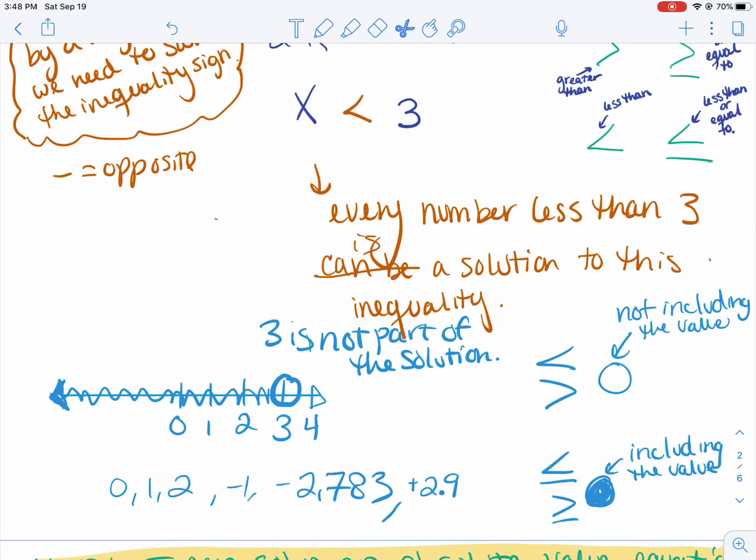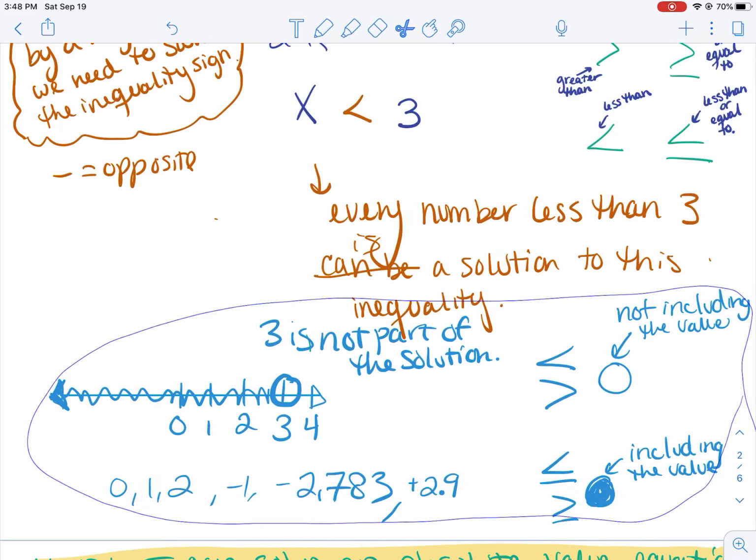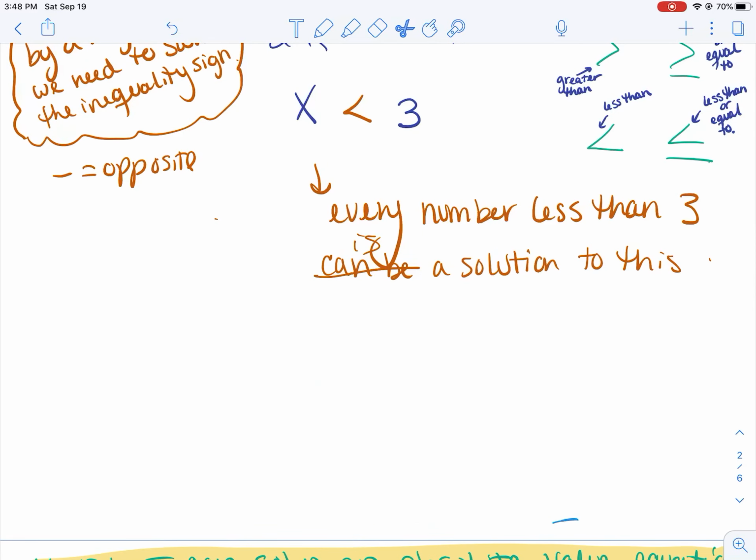Let me get rid of this really quickly. So if we have all the numbers less than 3, we can write that in set notation: all the values in the set of x, such that x is less than 3, right?